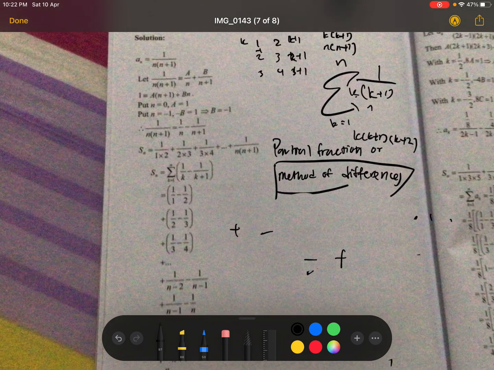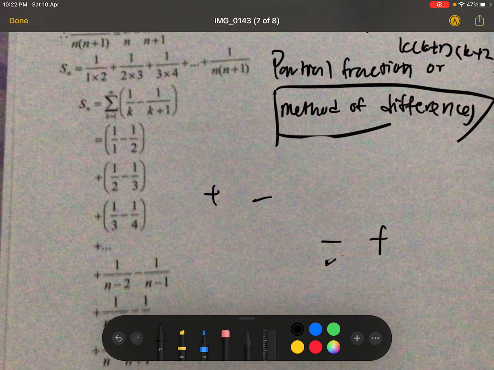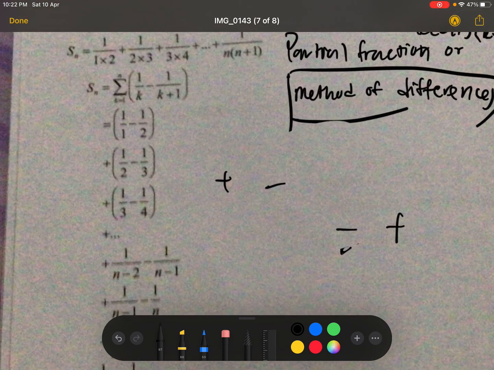if you were to find the sum of the whole series, you see that there is a pattern here. So 1 minus 1 over 2 plus 1 over 2 minus 1 over 3 plus 1 over 3 minus 1 over 4. If you haven't seen it yet, look here, here, and here.